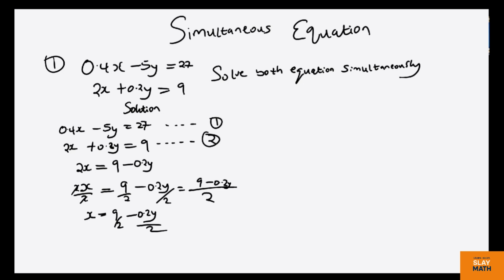Depends on what works for you. So now we have it this way. The next thing we are to do is to substitute the value of x into either of the equations, either one or two. When you've done that, it's easier to solve further.